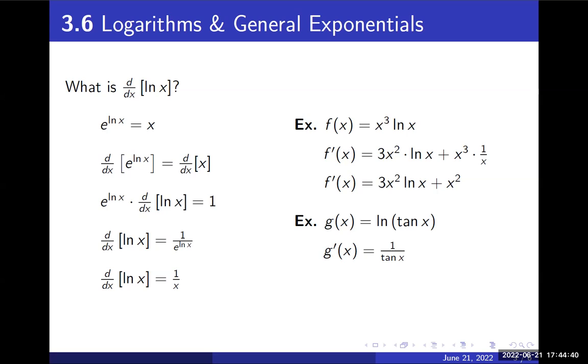We simply replace the x in our derivative formula with that entire tangent x. Then, of course, we need to multiply by the derivative of tangent x. Well, that is secant squared x. And there we have it. There's our derivative.